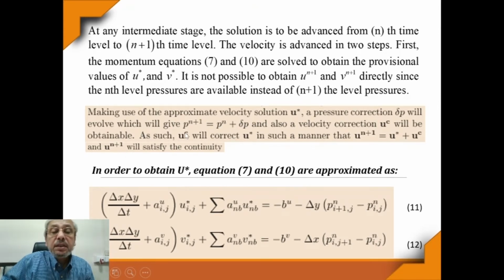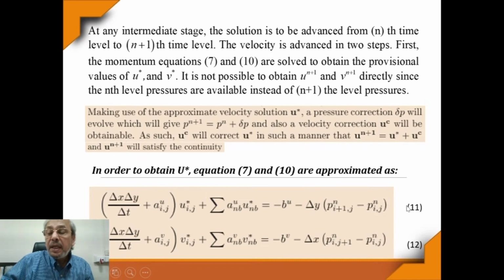As such, u C will correct u star in such a manner that u n plus 1, this is vector u, means u and v both are covered, equals u star plus u C, and we'll get P n plus 1 also.